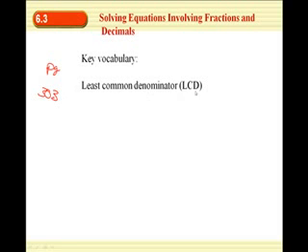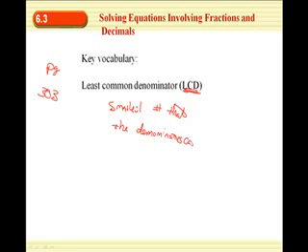And least common denominator, that tells you we're going to be dealing with some fractions. The LCD is the smallest, that's the least, number that the denominators can go into.